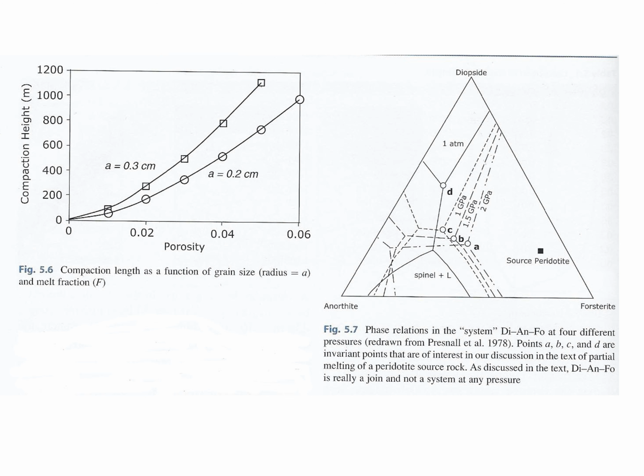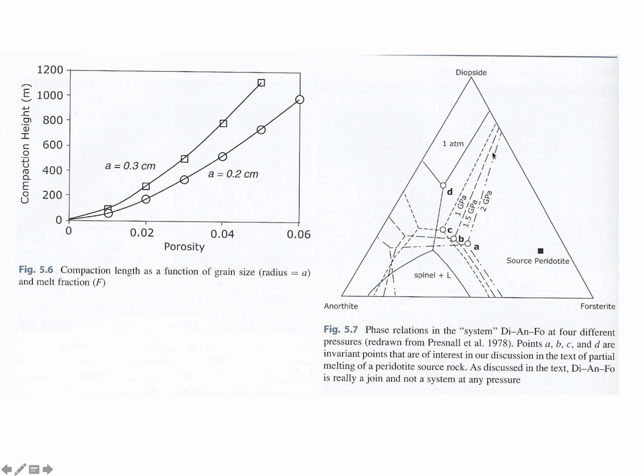When we have 2 gigapascal, we will start to melt at point A a more forsterite rich rock. And when we are melting at low pressures at the atmosphere, partial melting will take place in a more diopside, anorthite rich rock, and that is just along these 3 points.